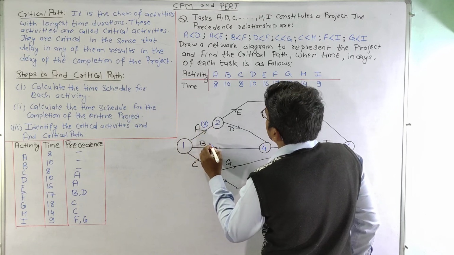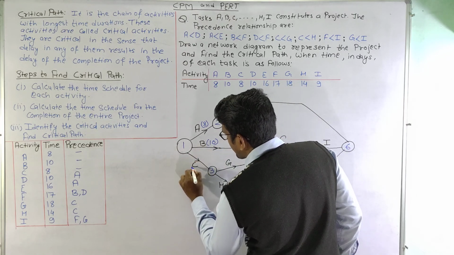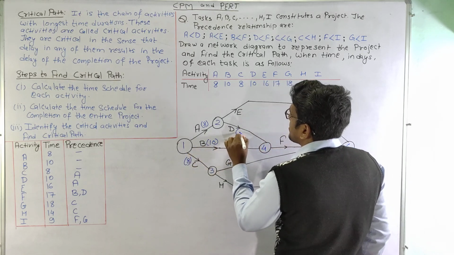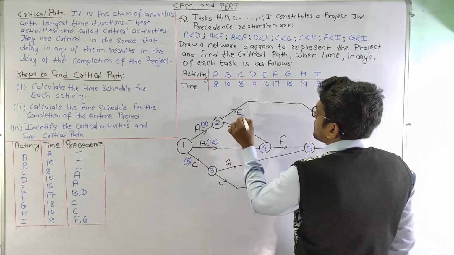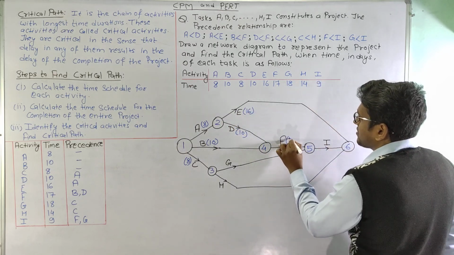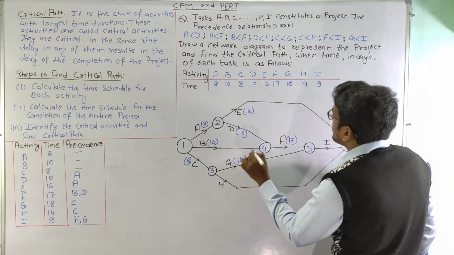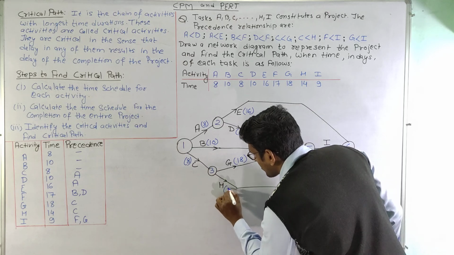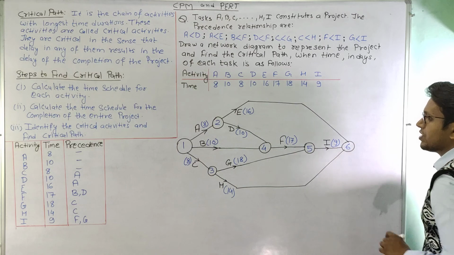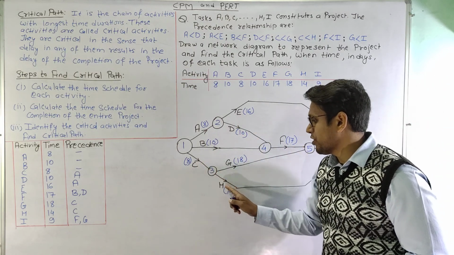Activity A is 8 days, B is 10, C is 8, activity D is 10, E is 16, F is 17, G is 18, H is 14, so here it is 14, and I is 9. So these are the times given for the corresponding activities.